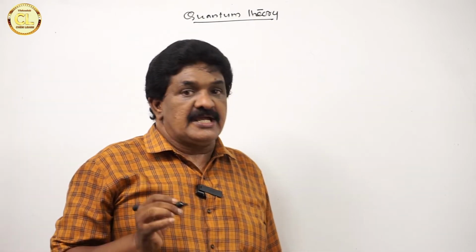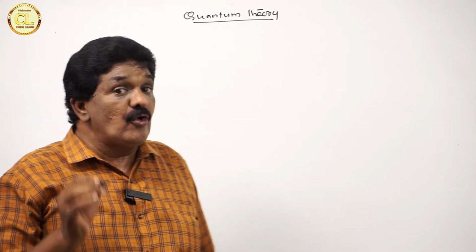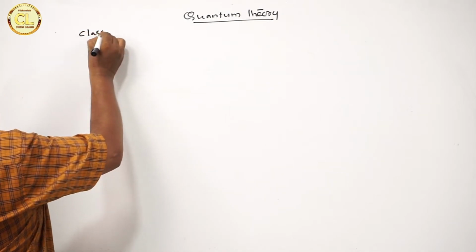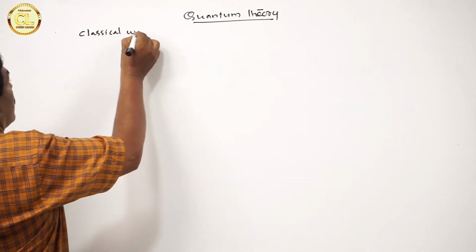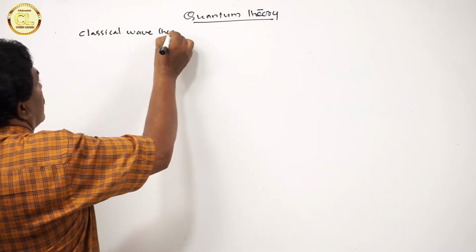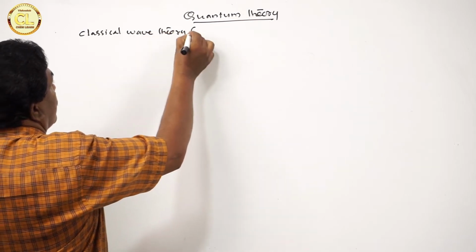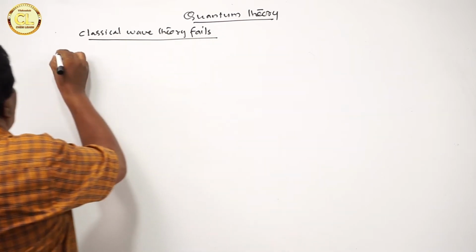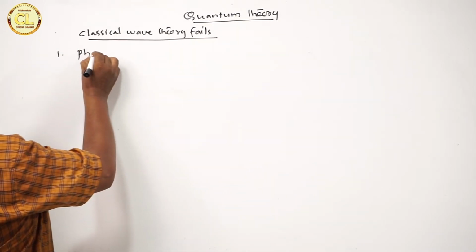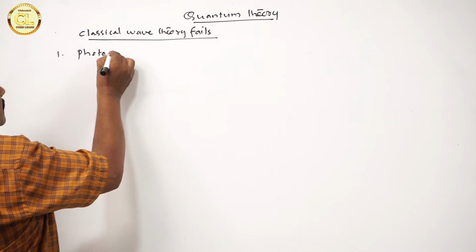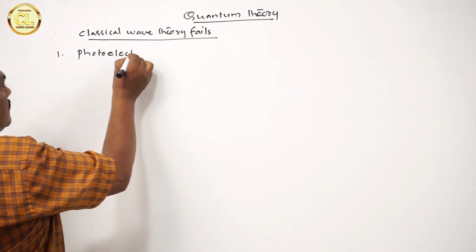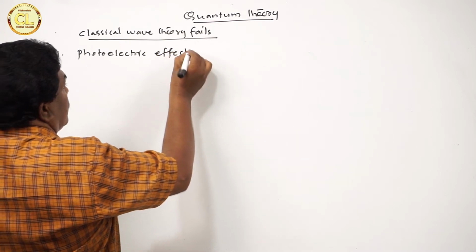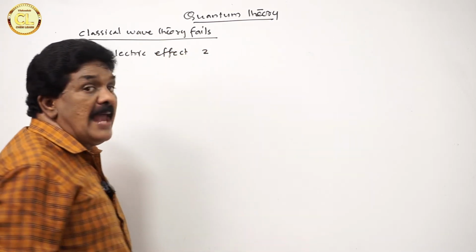Classical wave theory fails to explain the following phenomena. One, photoelectric effect. Two, black body radiation.